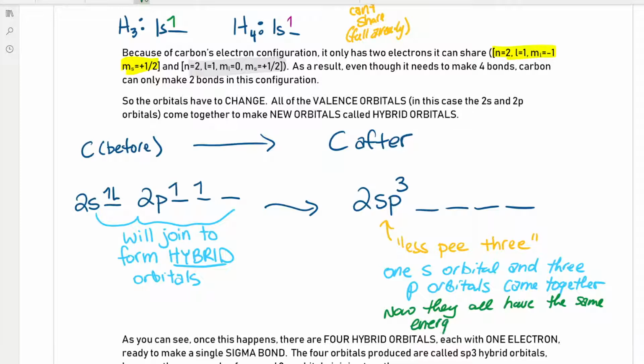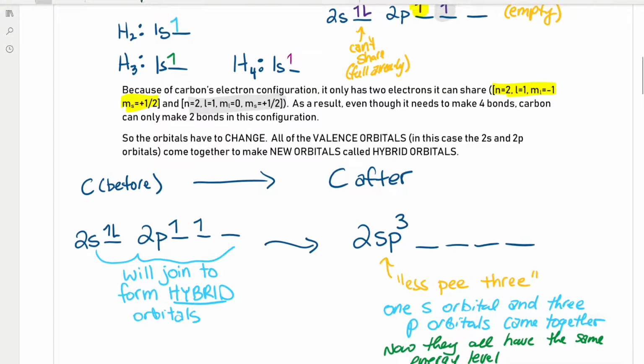And because they all have the same energy level, the electrons will fill first one, then another, then another, then another, and now each of these is ready to make a sigma bond.